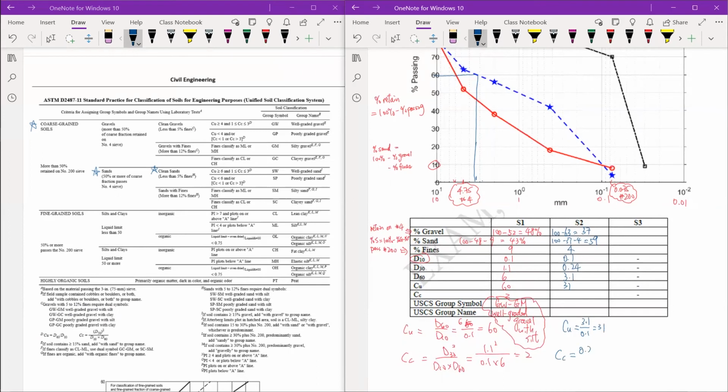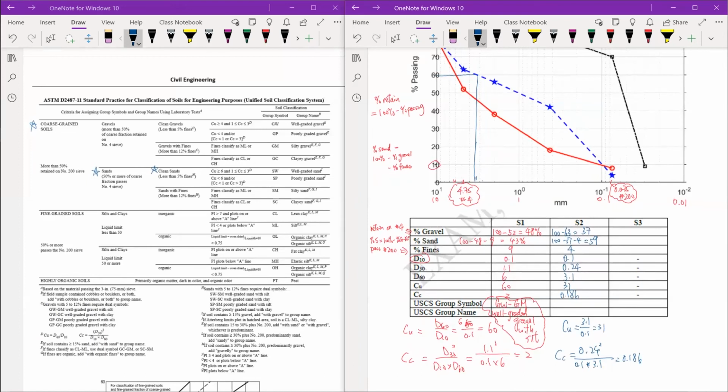We have the same equation, D30 squared divided by D10, which is 0.1, times D60, which is 3.1. And we do our math. This equals 0.186. So after we have the C sub U and C sub C, we can go to our third column again.